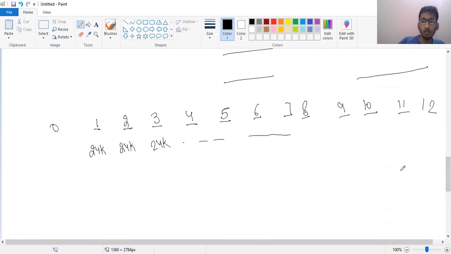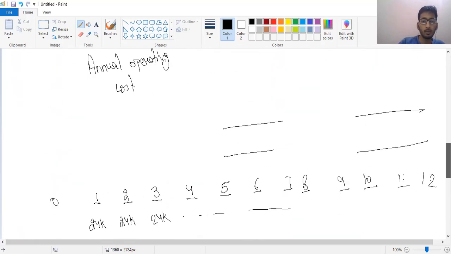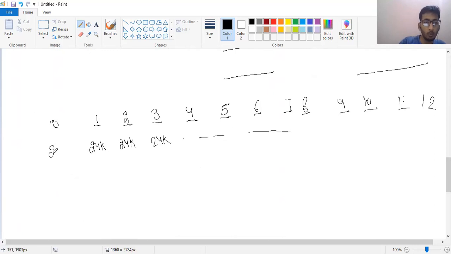Now in year 0, like today, we have an expenditure of 28K. Since we are deciding today whether we need to adopt it or not, we need to bring this value here, at 12%.